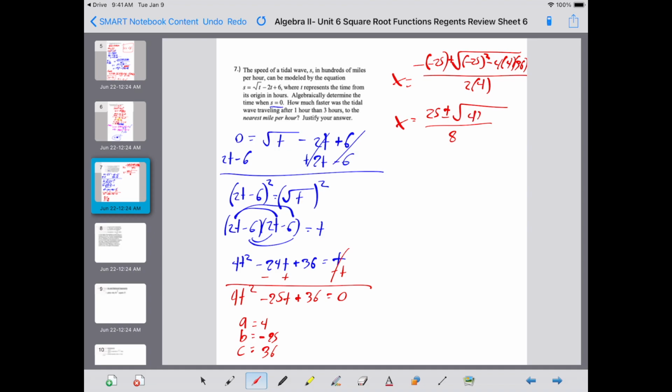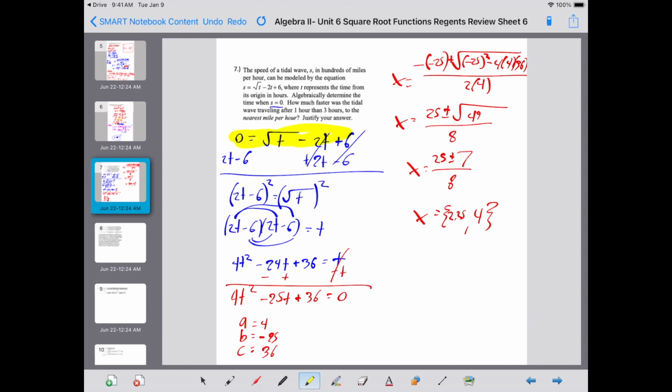Square root of 49 is 7. Now we could find the two possible solutions. 2.25. Do that with plus now. 4. You have two possible solutions.